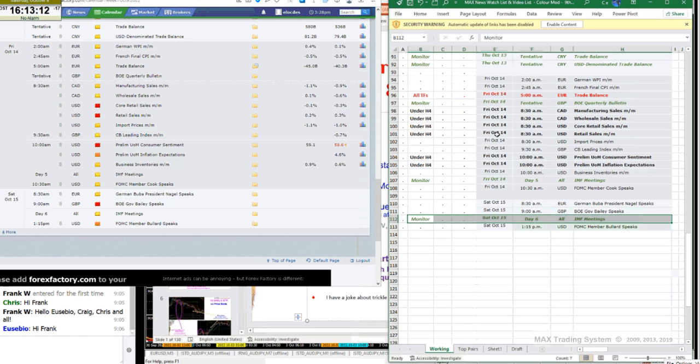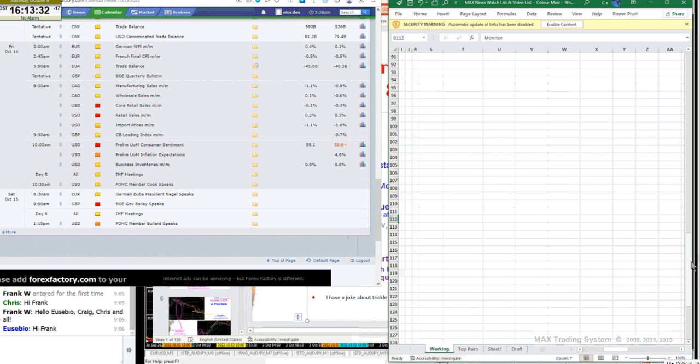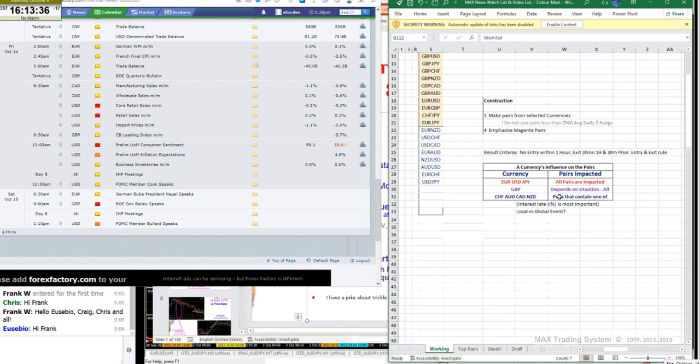And if you're using Eusebio's pair bias advantage, where he gives you an idea on which direction the price is actually expected to be going, then sometimes you can just carry on trading through those news announcements without having to worry too much about them, simply because you know what the global bias is like. With regards to the different pairs, anything coming up on the euro, US, and yen can impact any pair.